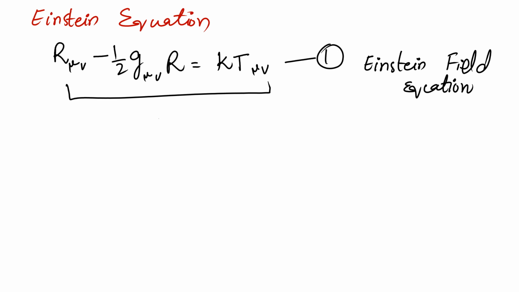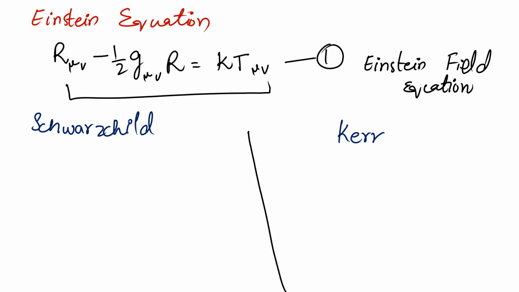One is the Schwarzschild solution, and the other is the Kerr solution, named after the people who gave them.